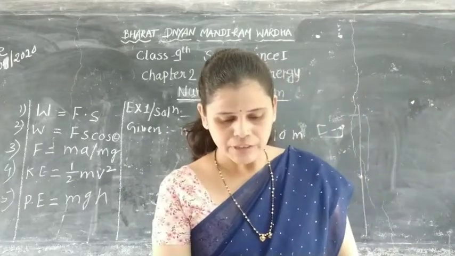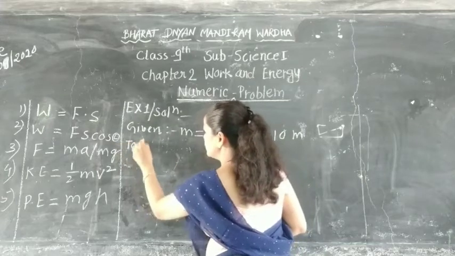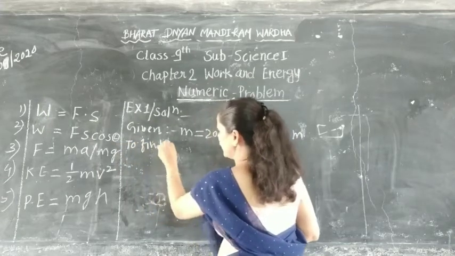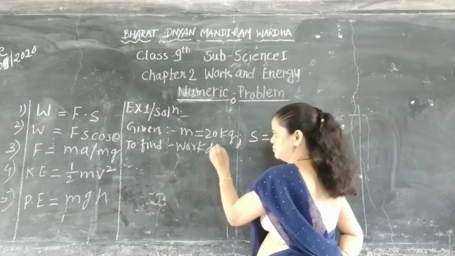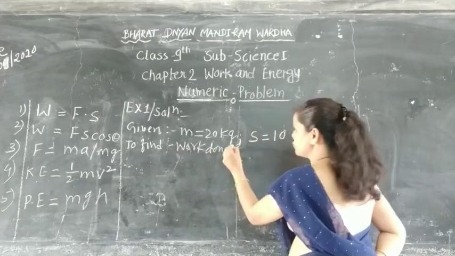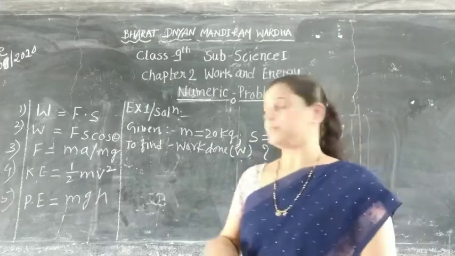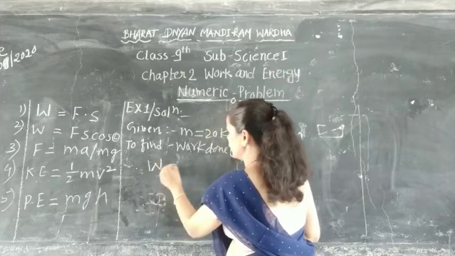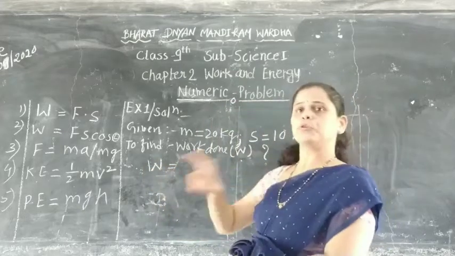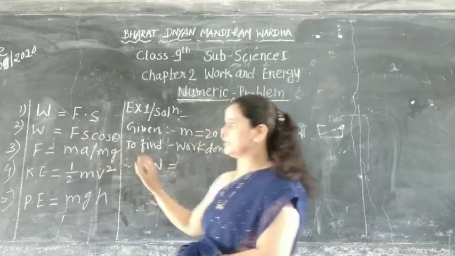And what is to be calculated? To find, what we have to find? Work done, that is denoted by W. Okay, so use this formula. We have two formulas of work done, Fs and Fs cos theta.